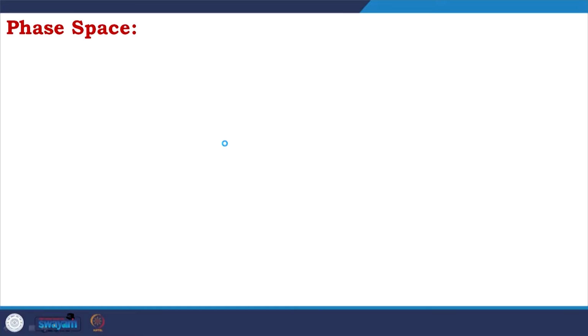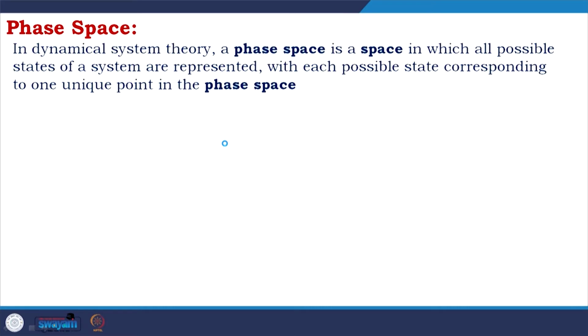Now, I come to another very important component of a simulation run, which is called phase space. First, to define, in dynamical system theory, a phase space is a space in which all possible states of a system are represented, with each possible state corresponding to one unique point in the phase space.